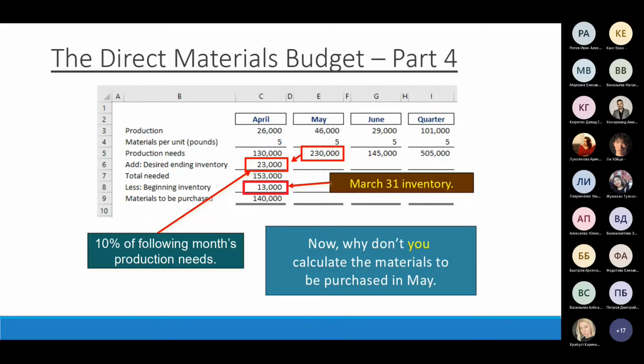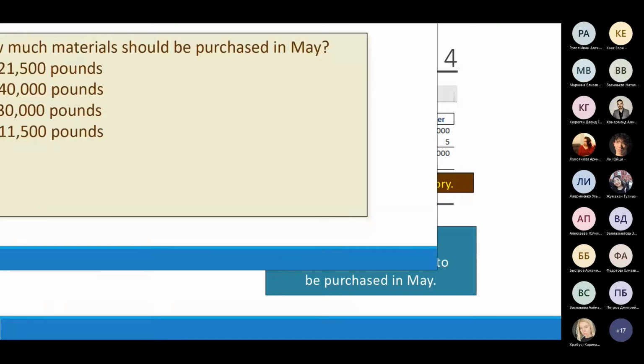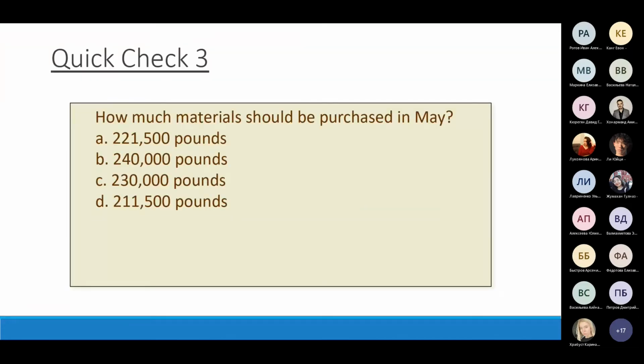So these values provide us with the information we need in order to understand what materials should be purchased, in what quantity, and how much material should be purchased in May.